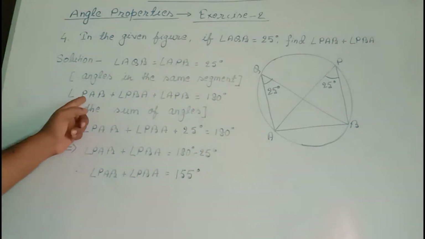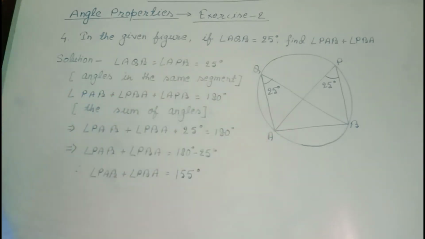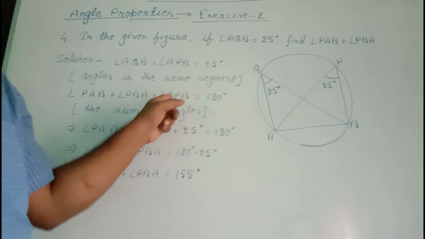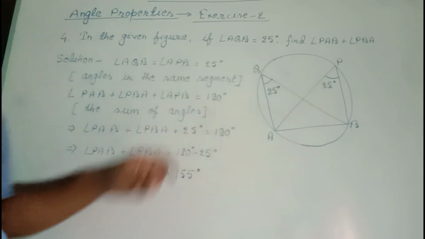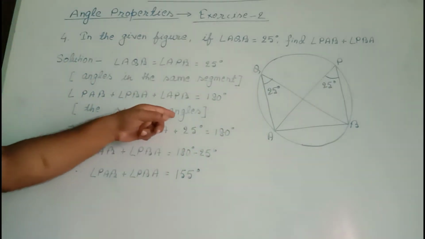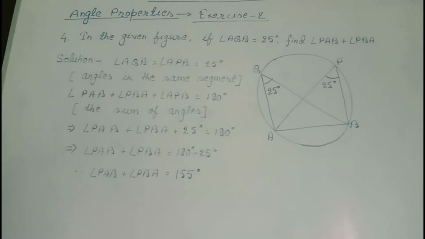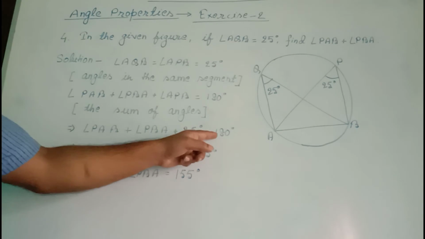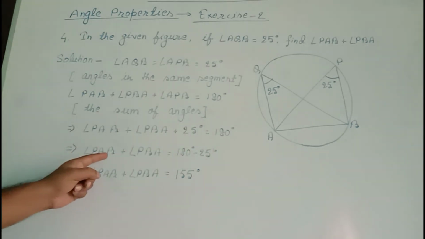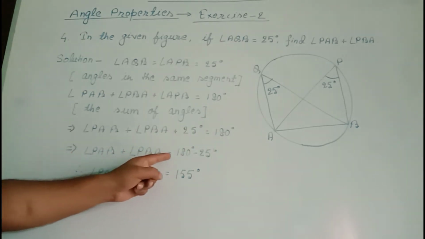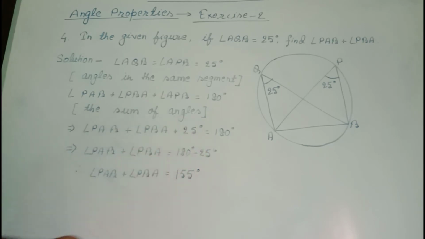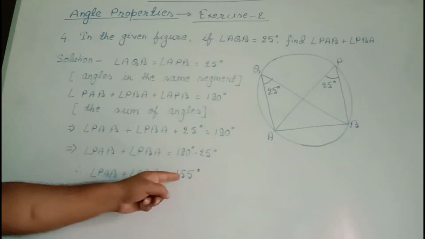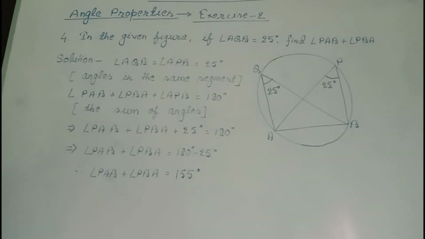For that I have written angle PAB plus angle PBA plus angle APB equals 180 degrees. Reason is the sum of angles of the triangle. Now angle PAB plus angle PBA plus 25 equals 180. Therefore angle PAB plus angle PBA equals 180 minus 25. Angle PAB plus angle PBA equals, this subtraction is 155.